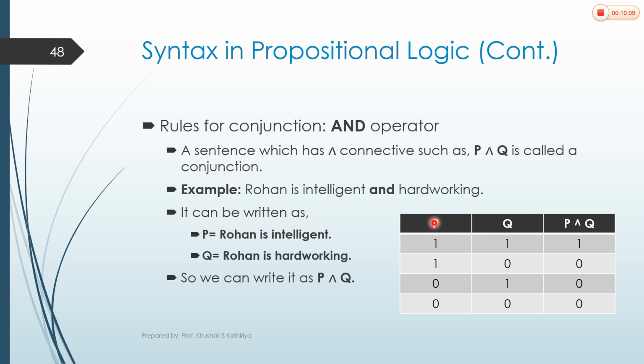How can we find them? P has a true and false value, and Q has a true and false value. So we have four pairs for two propositions: both true, both false, P true and Q false, P false and Q true. All these possibilities are written like this.